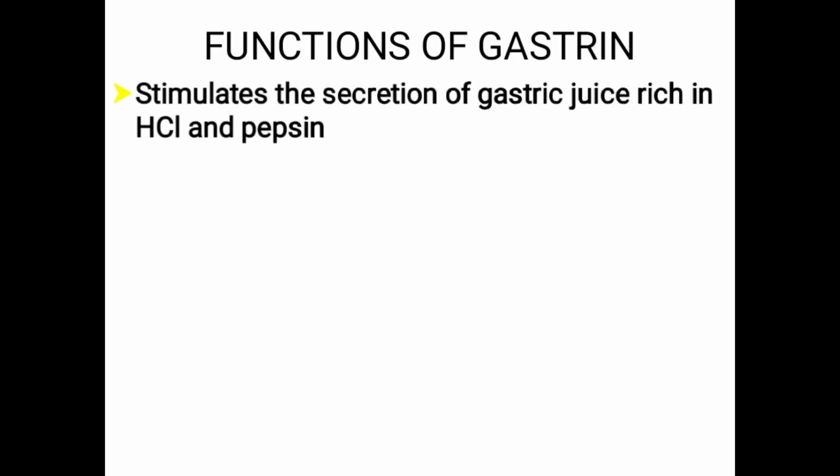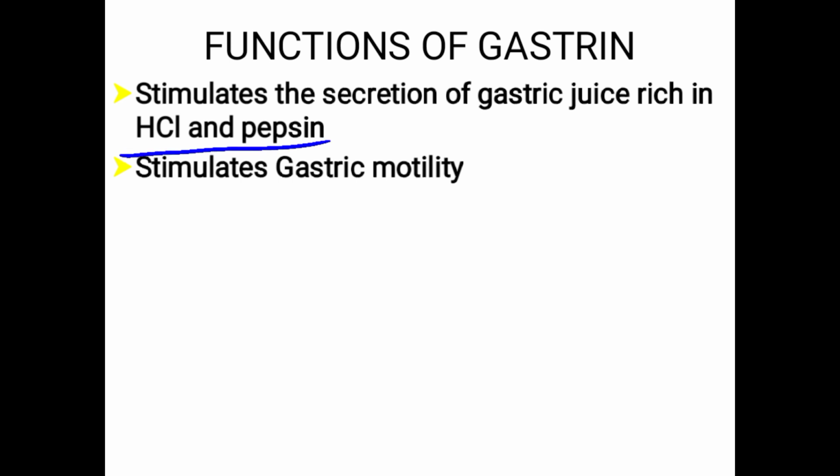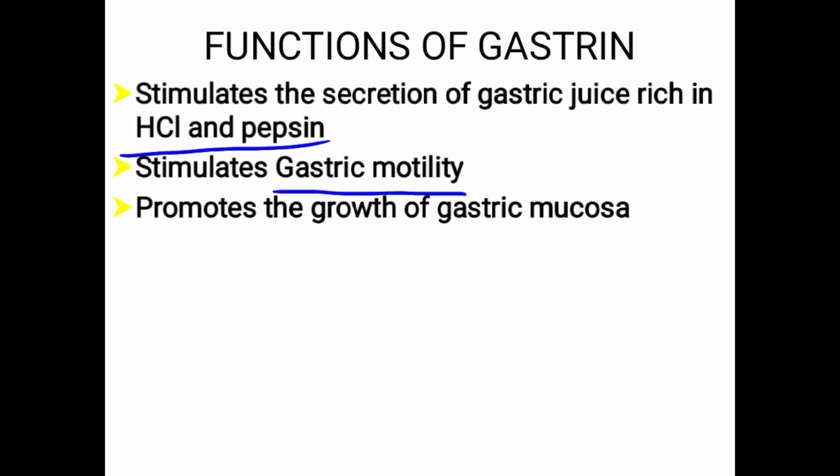Now we will see the functions of gastrin. Separately they will ask the functions of gastrin. Gastrin mainly stimulates the secretion of HCl and pepsin. It stimulates gastric motility. Motility means movement. Whatever food enters the stomach gets digested, and after digestion it has to move to the intestine, right?